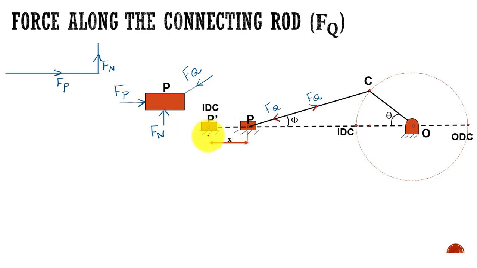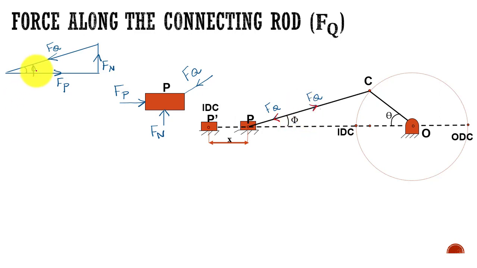Because I am removing the support, I need to give a suitable reaction, so I have drawn a line exactly in the vertical direction. The third one is Fq, the force which is acting along the connecting rod, and this angle is phi.